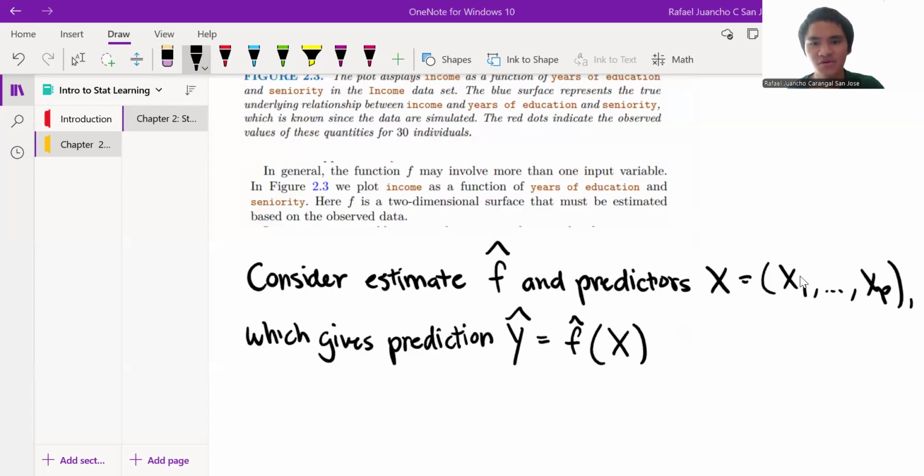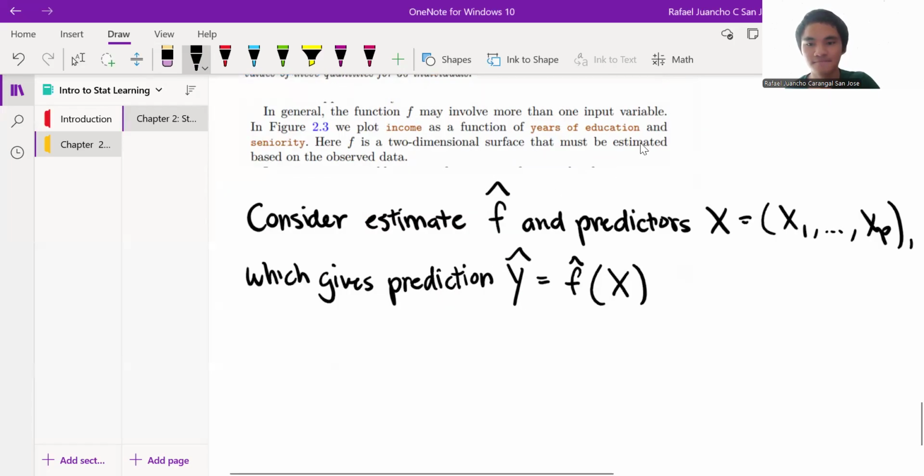Assume for a moment that both this f tilde and x are fixed. So let's assume that they are fixed, right? So the only variability comes from epsilon. Okay, so here's the mathematical definition of this thing.